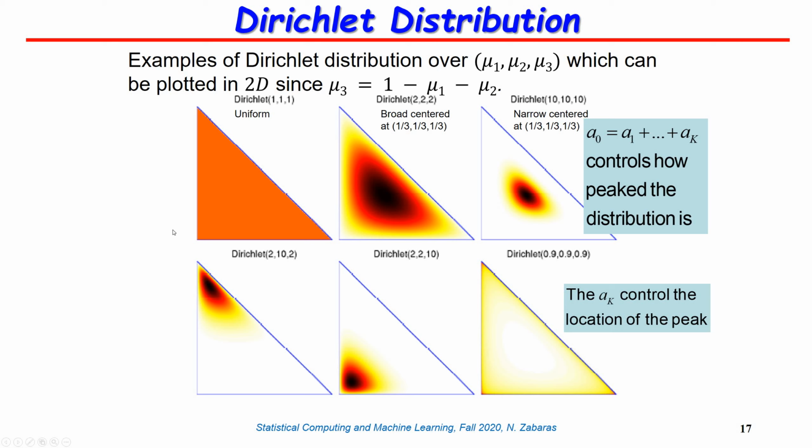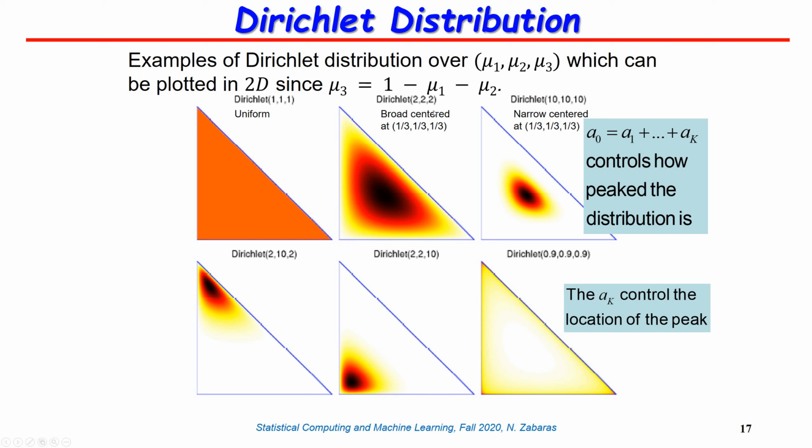And the plane here, I'm only showing it in 2 dimensions. On the picture on the left, you see the Dirichlet distribution where all the parameters are 1. So if the Dirichlet distribution has all the parameters 1, this is a uniform distribution. You remember every term looks like mu to the power alpha minus 1. So if alpha is equal to 1, you basically get the uniform distribution.